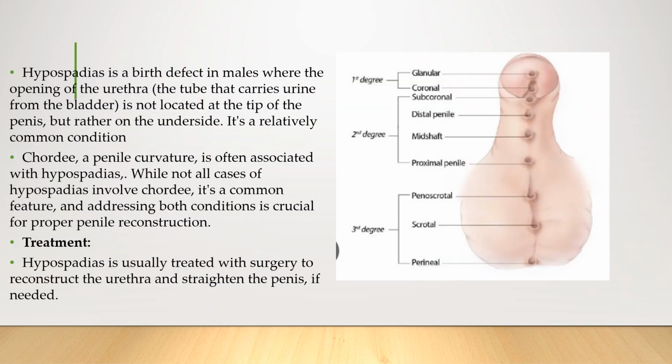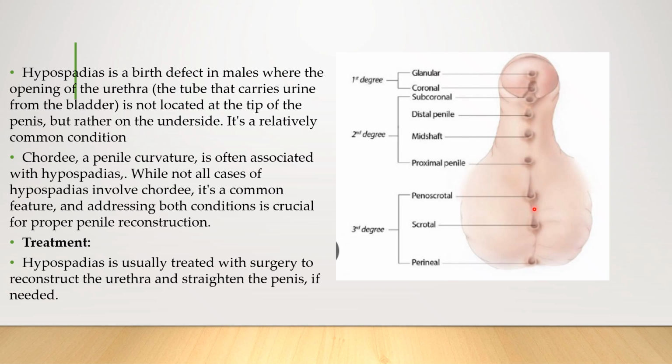So we have learned about hypospadias and epispadias. Hypospadias is a birth defect in males where the opening of the urethra is not located at the tip of the penis but rather on the underside, and it is a relatively common condition. So you will see that the opening of the urethra is not here in the center but somewhere on the other side. And chordee is a penile curvature.